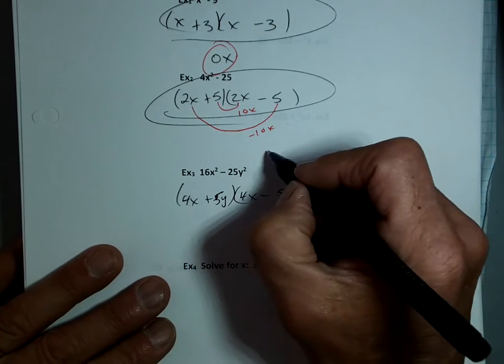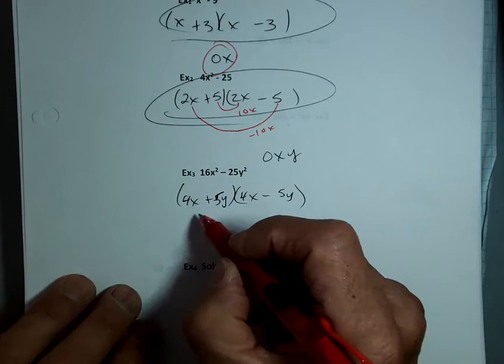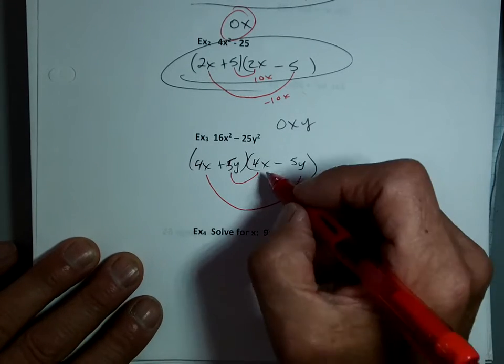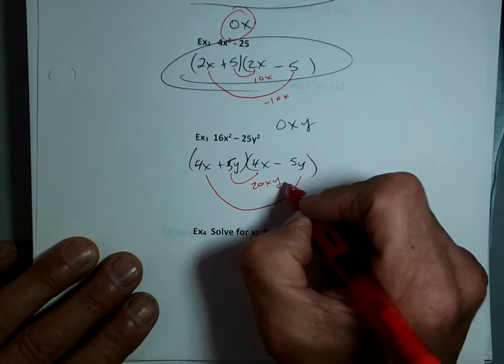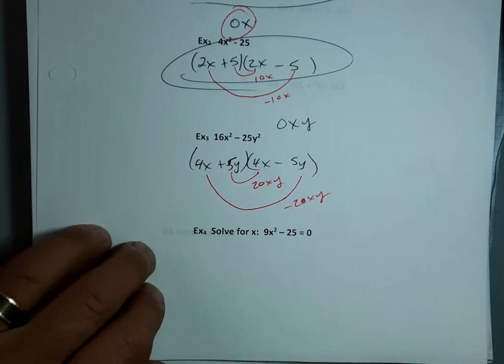And if you want to check, we do have a 0 middle term. If you were to do your double smiley and check your middle terms, you do have a positive 20xy here and a negative 20xy here, and they do make 0.